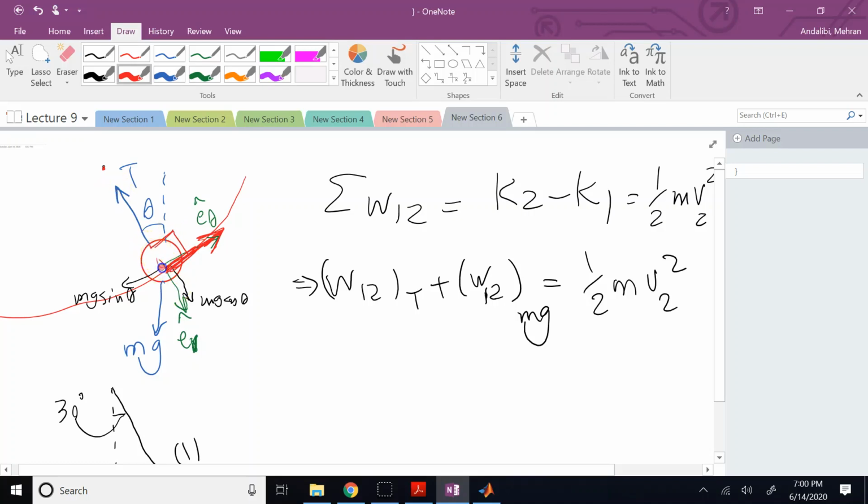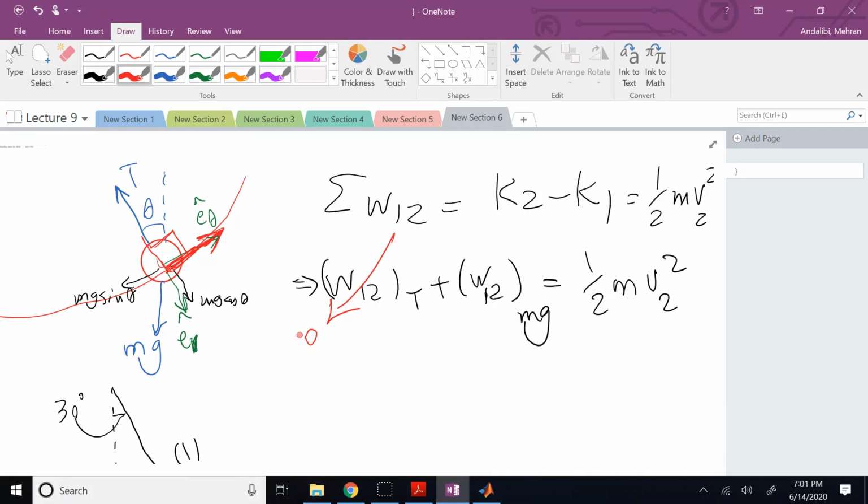Again, T is in the radial direction, but the direction of motion, the tangent to the path, is in the E theta direction. And we know E theta and ER are normal. So what do you think is the work done by tension? You are right. It is equal to 0. Tension is always normal to the direction of motion, so it's not going to do any work. As simple as that.